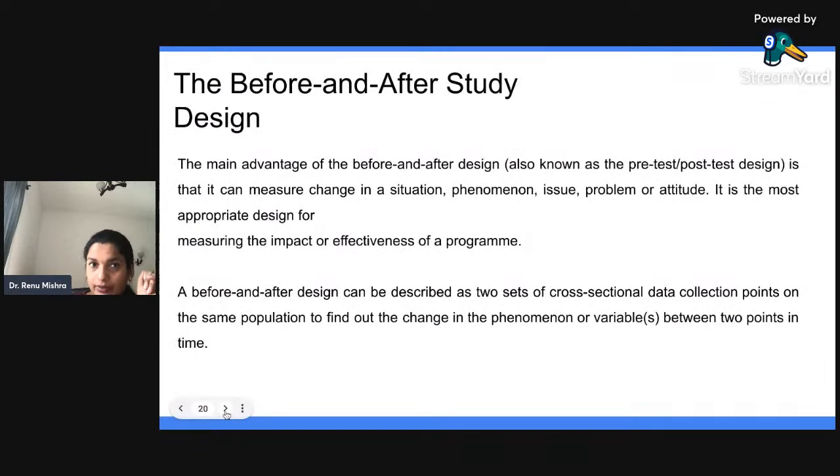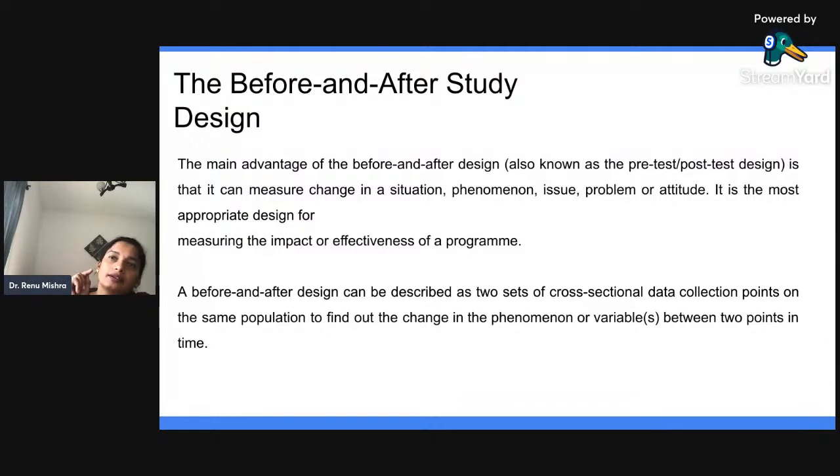The before and after study design says that if there is any change, this is not very widely used, primarily with management students. I'm categorically telling you, primarily with management students.